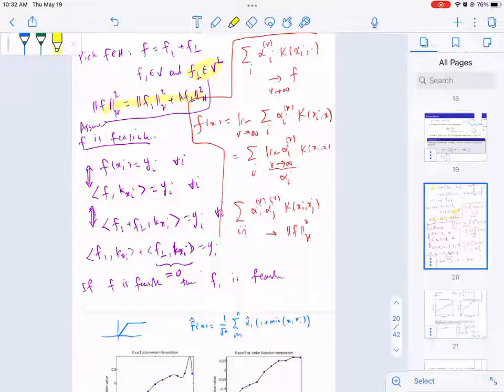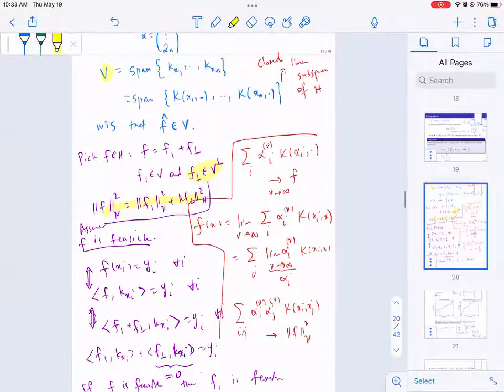So you start from any f. If it's the optimal solution, it has to be feasible and it has an orthogonal complement. If the orthogonal complement is non-zero, I can drop it, I'm still feasible, and I can reduce the norm. So the optimal solution cannot have an orthogonal complement. It has to be only entirely a component in V. If it's a component in V, it just belongs to this span, right?